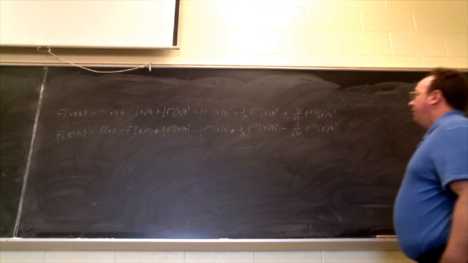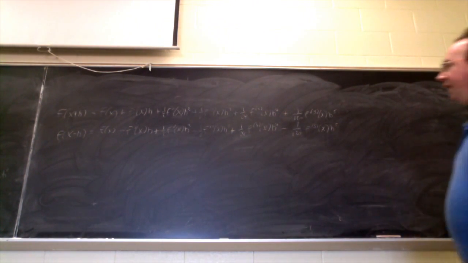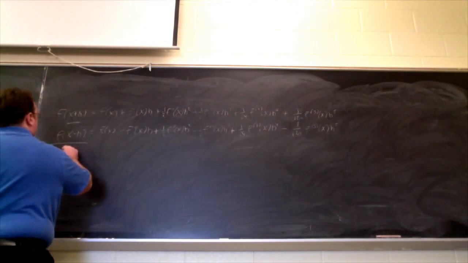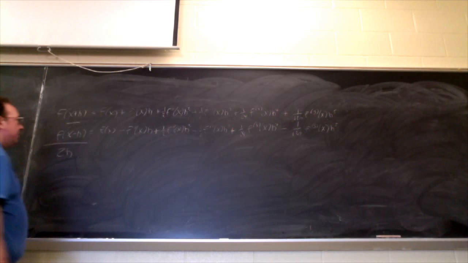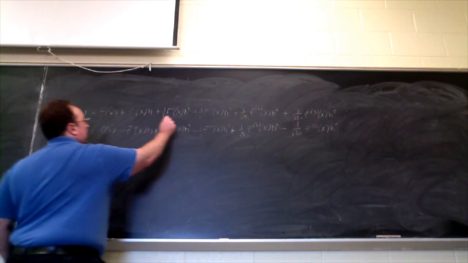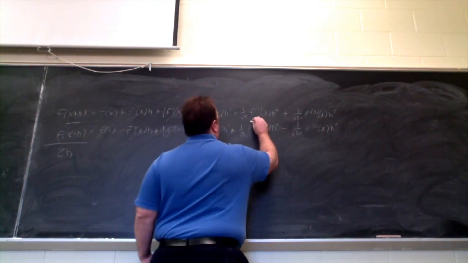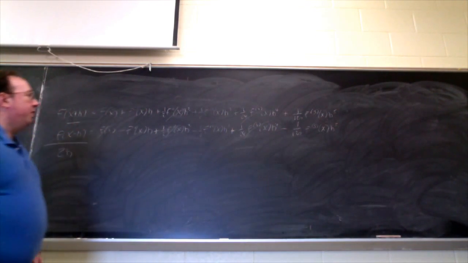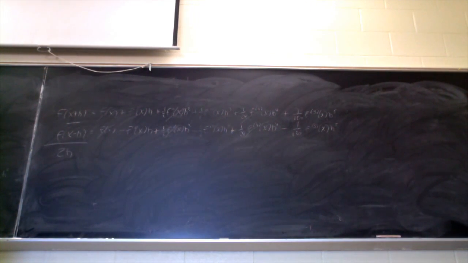Okay, so what will happen is if I go ahead and subtract these and then divide by 2h, then all of the terms corresponding to even powers of h are going to cancel. And then the terms of odd powers of h are going to add together.